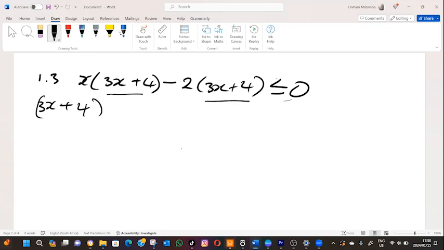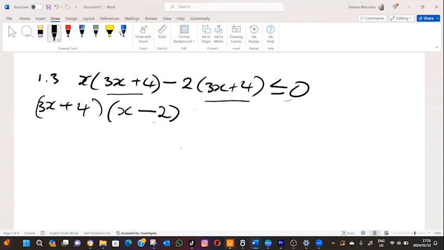So this is a factor. Then if we take it out, we're going to be left with x minus 2. If you can't see what I did, please go to the comment section below. I will explain it to you.